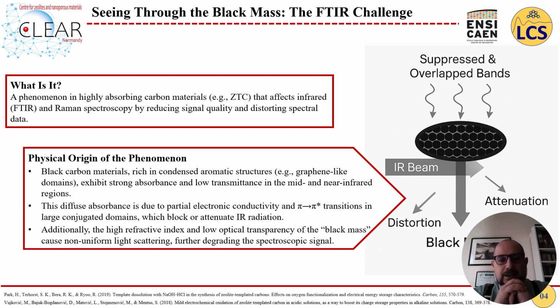Additionally, the high refractive index and the low optical transparency of the black mass cause non-uniform light scattering, further degrading the spectroscopic signal.